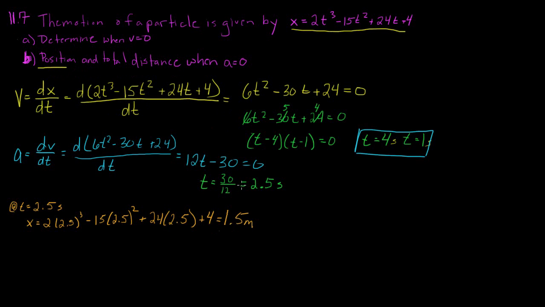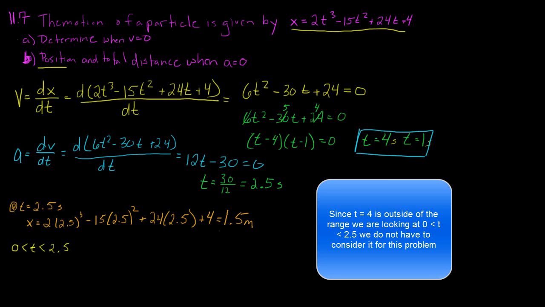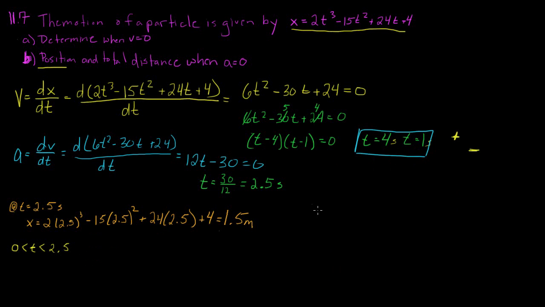And for the total distance, we have to break this up, and we have to look from the initial time of t equal to 0 to when the acceleration is equal to 0, which is 2.5. So we have to look at where the particle is at all our instances between 0 and 2.5. A good point to check is when our velocity is 0.